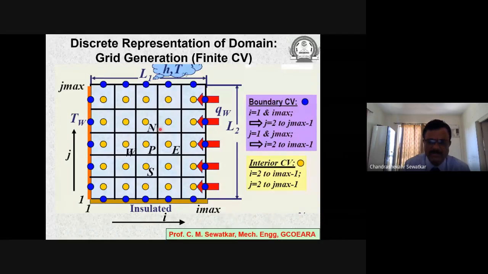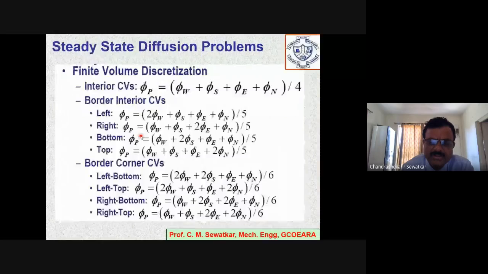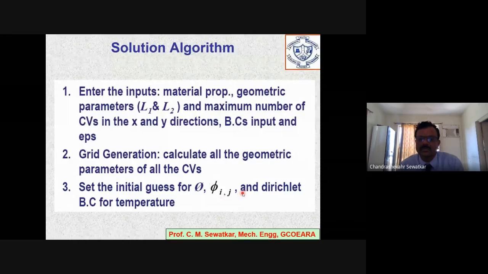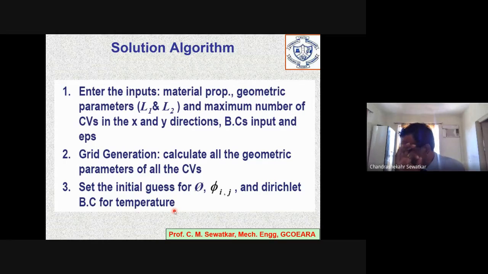That may be 0, 50, or 100, or the best is to take the average of the four temperatures, or you can decide some possible initial guess. Once you decide the initial guess, you can also give the Dirichlet boundary conditions, I mean the boundary conditions in which the variable is constant. Those boundary conditions you can set here.